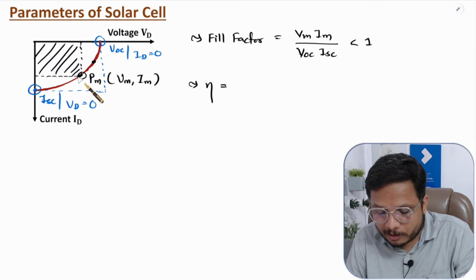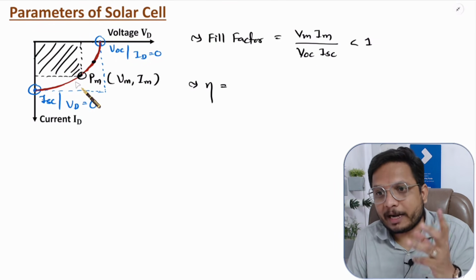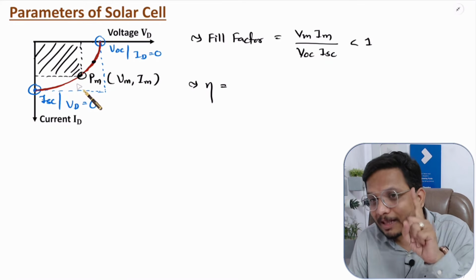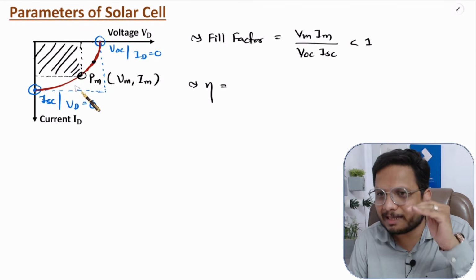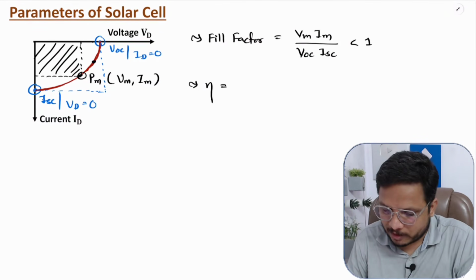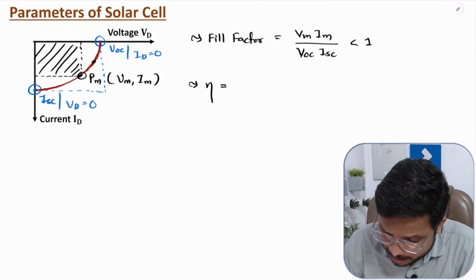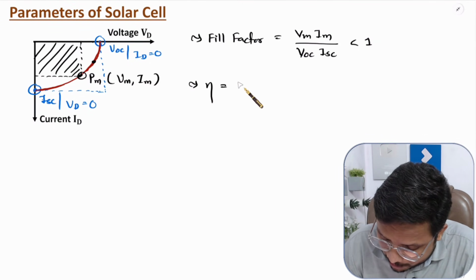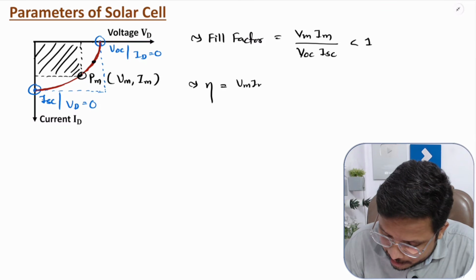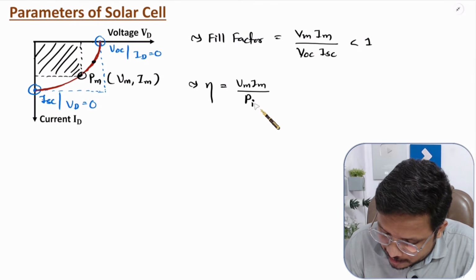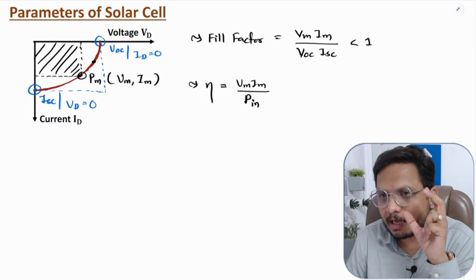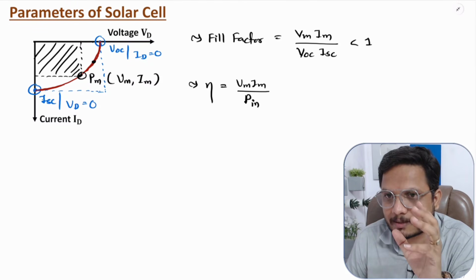A human can control this VmIm, the operating point of the solar cell, but a human cannot control how much energy is given by the sun, right? So efficiency will be the maximum operating point power, that is VmIm, divided by P in. This P in is the power input by sun rays, right?